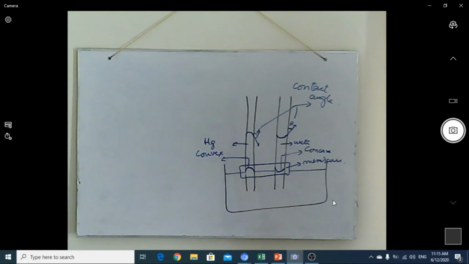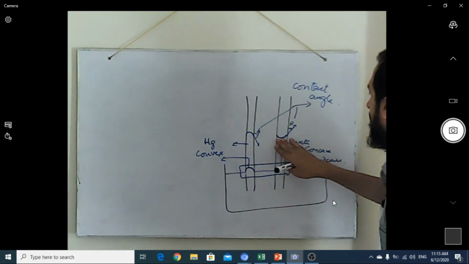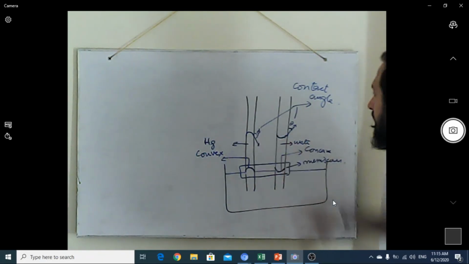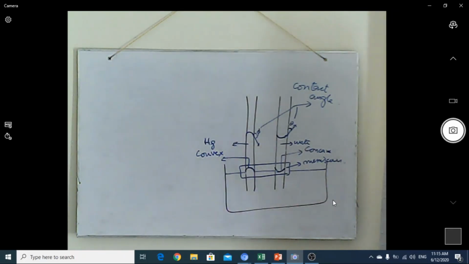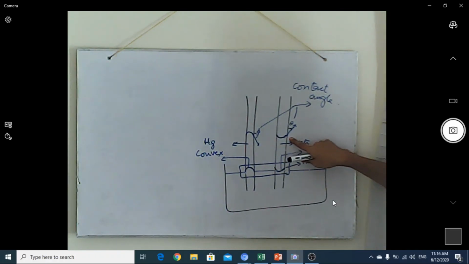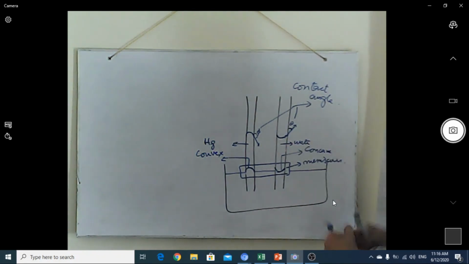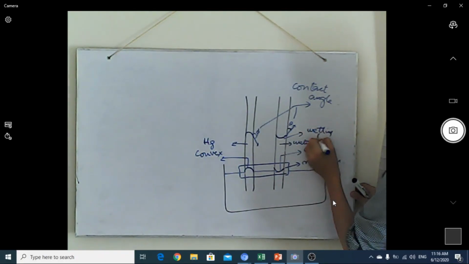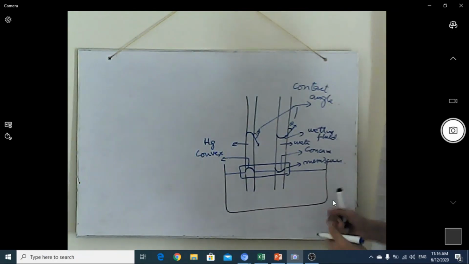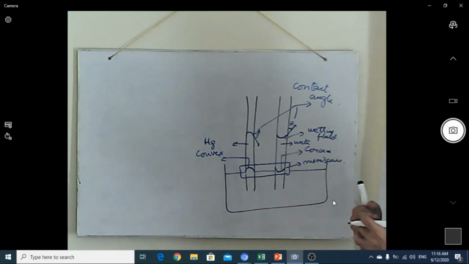Now, why these types of shapes appear in the liquid is just because of the dominance of intermolecular force, or the dominance of the force between the solid surface and the liquid molecules. We see that water is a wetting material, so this is the wetting fluid. Why? Because it has a lot of attraction with the solid wall.